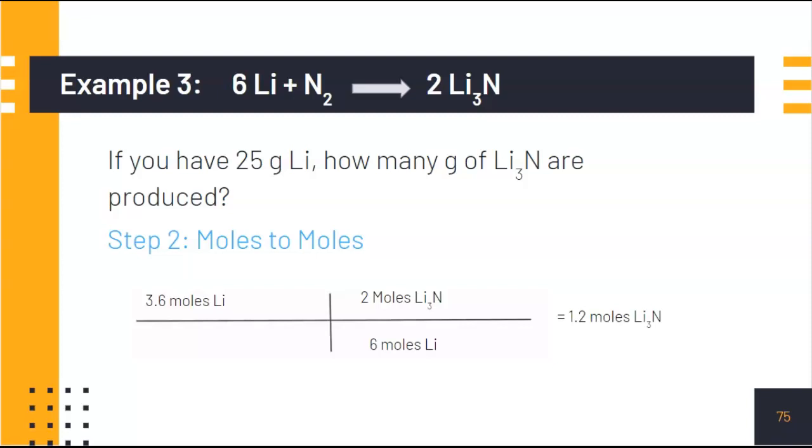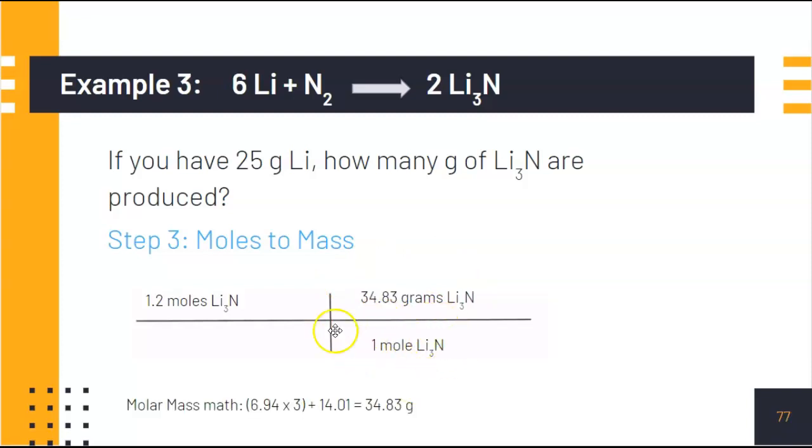All right. And now lastly, I want to get to grams. Can I get from moles to grams? I sure can. So for step 3, I'm going to convert from moles to mass. I've got 1.2 moles of lithium nitride. I want to get to grams of lithium nitride. Where do I get my gram information from? The periodic table, right?